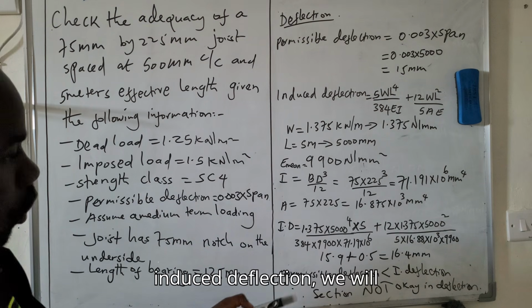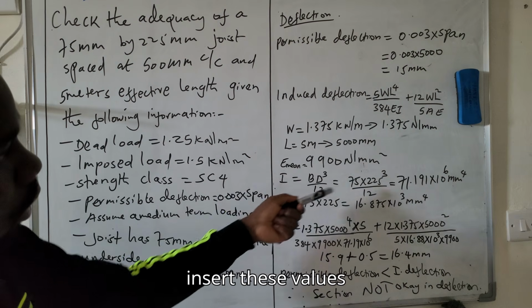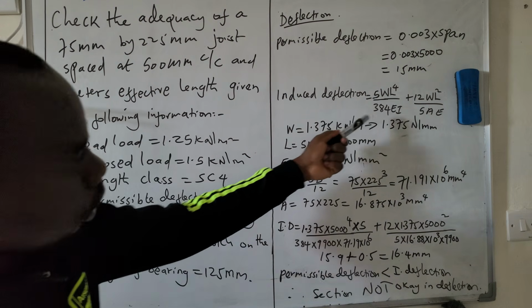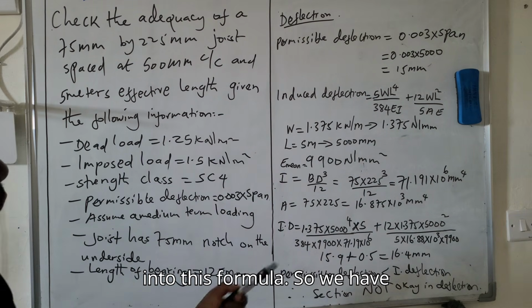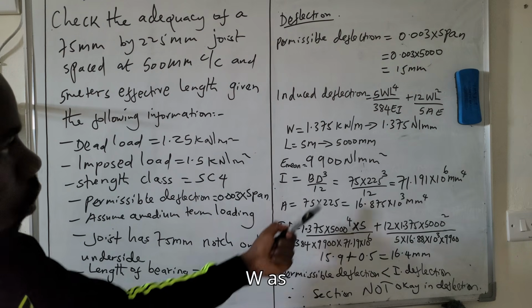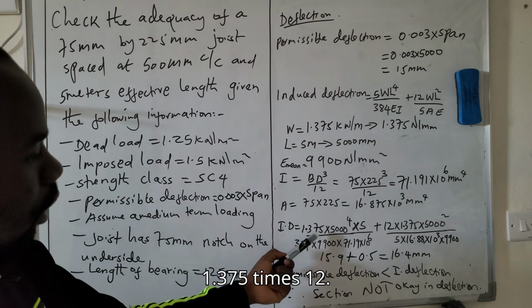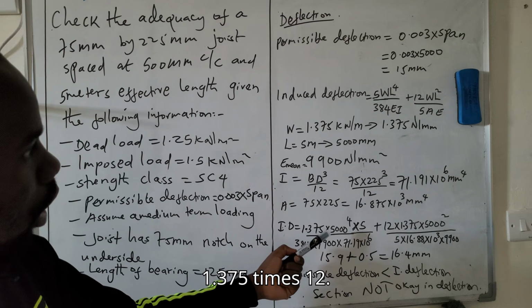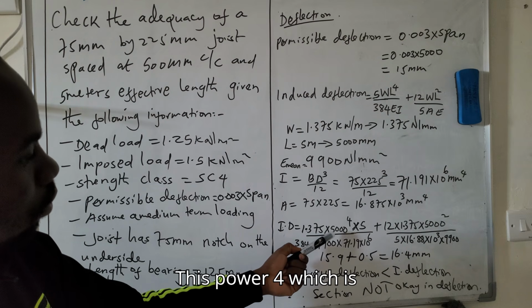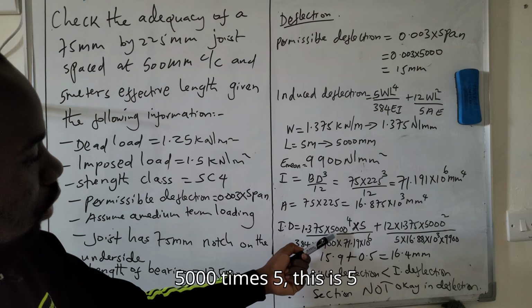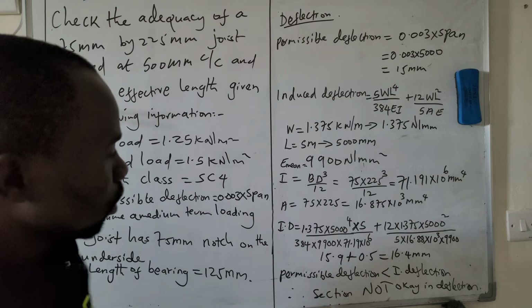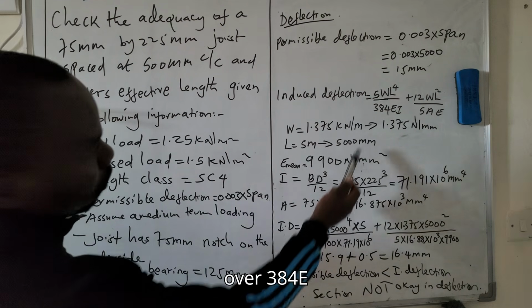So for induced deflection, we insert these values into this formula. We have W as 1.375 times L to the power 4, which is 5,000 to the power 4 times 5, over 384.